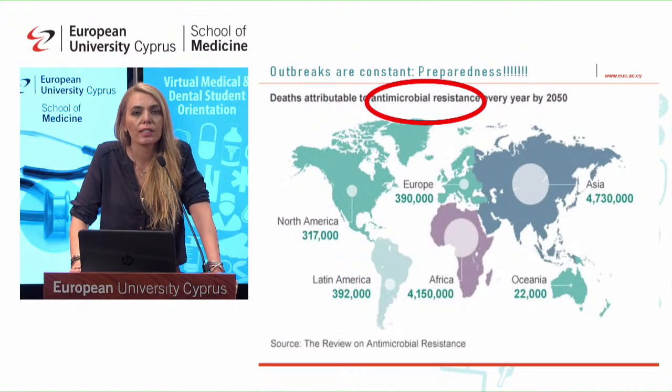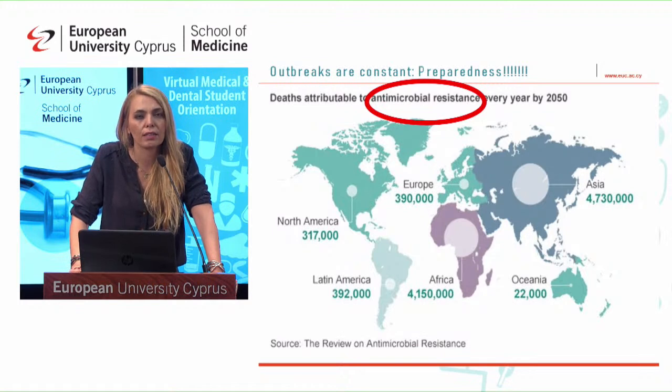If you see here on the slide, this is a review from WHO, which says that until 2050, we will have to deal with an increased rate of deaths attributed to infectious diseases, and specifically to bugs that are resistant to drugs. That's why antimicrobial resistance.